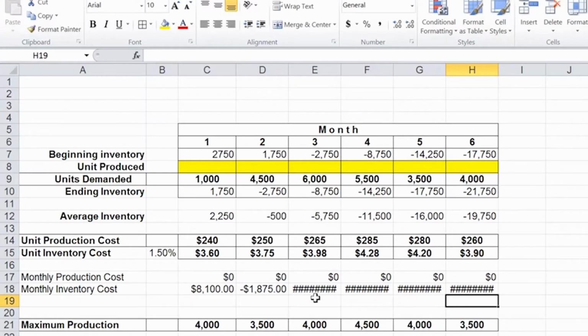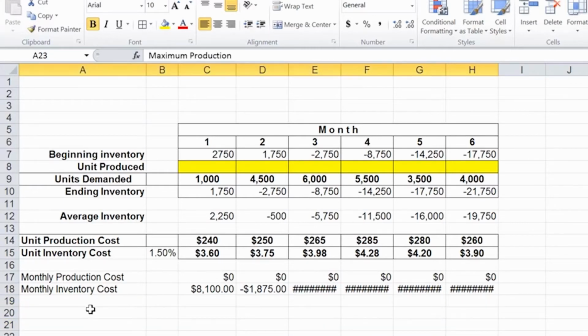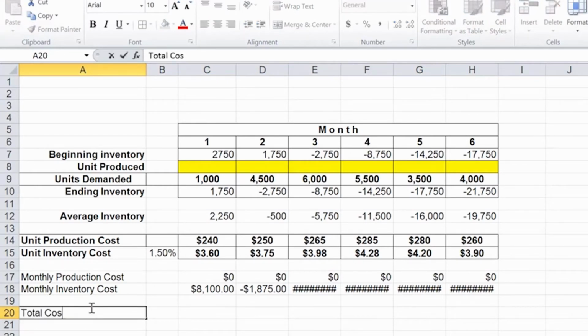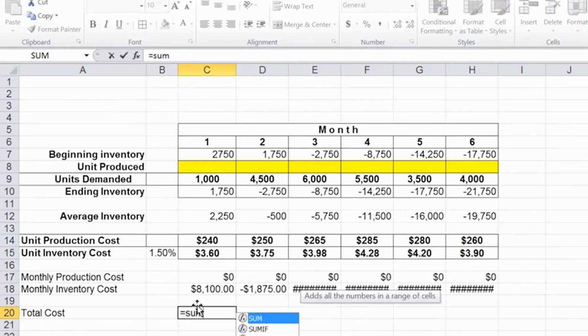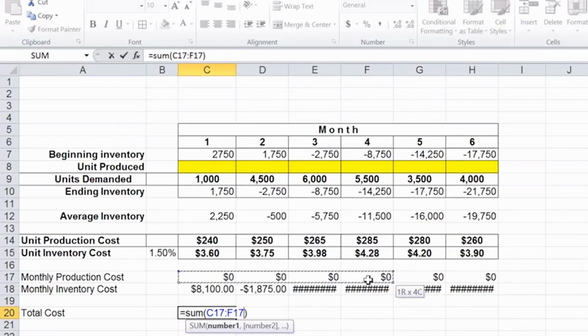Those numbers are too long to show, but it's okay. That's because we don't have any value here. And I'm going to put a total cost here. This total cost will be just the one cell that equals the sum of all the values here.